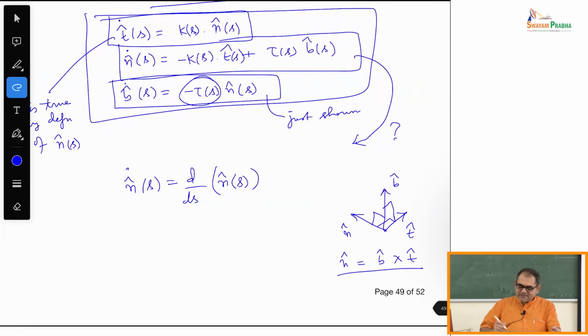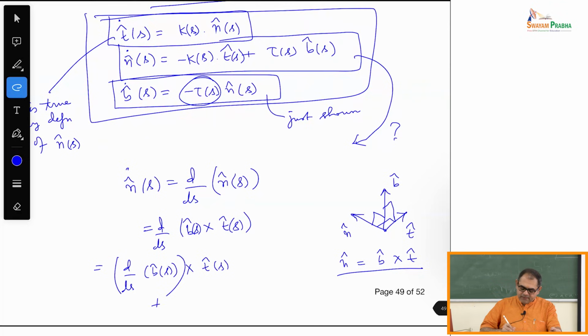So n cap is this, so just differentiate it. So this is just d by ds of b cap of s cross t cap of s. Now use the product rule. So d by ds of b cap of s cross t cap of s, plus b cap of s cross d by ds of t cap of s.